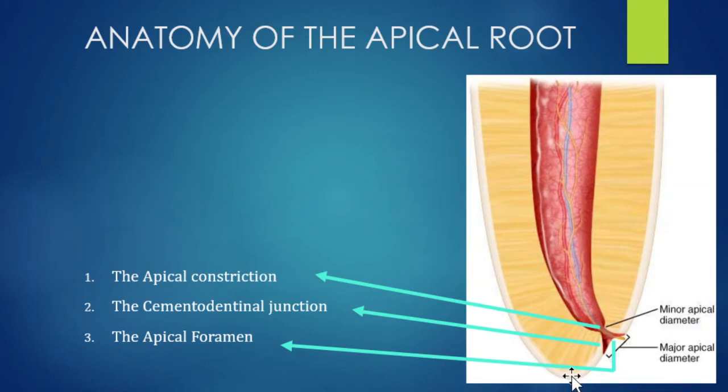So here we have to add the anatomical apex or the radiographic apex beside the apical constriction, the cementodentinal junction, and the apical foramen. The apical constriction is also called minor apical diameter, and the apical foramen is called major apical diameter.